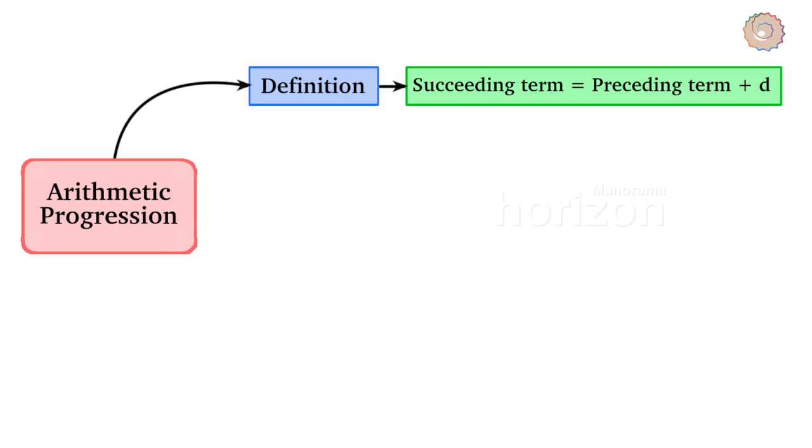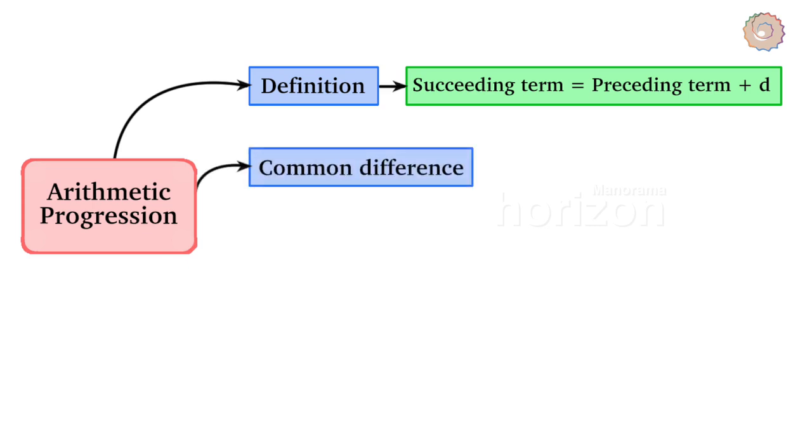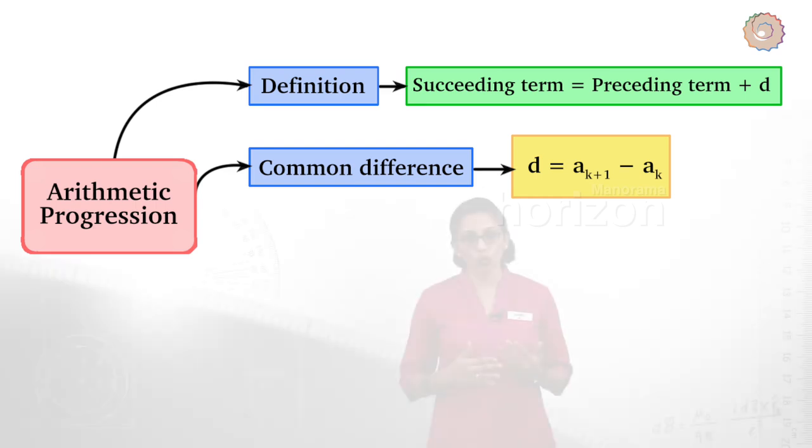We also discussed more about common difference. Common difference is obtained by subtracting any term from a succeeding term. That is, D is equal to succeeding term minus preceding term. We have also seen the equation D is equal to a_(k+1) minus a_k, and the value of D can be positive, negative or 0.